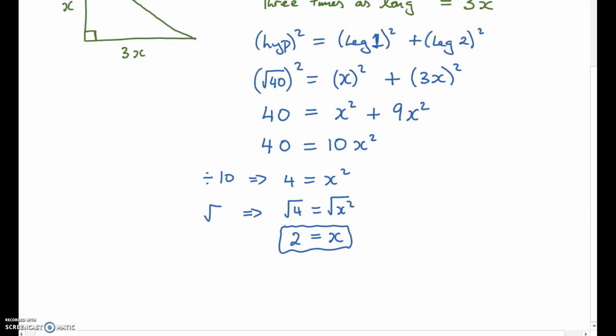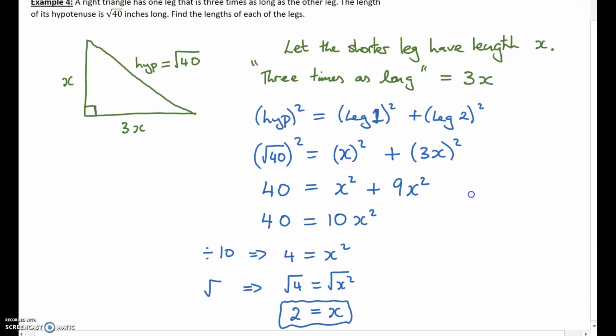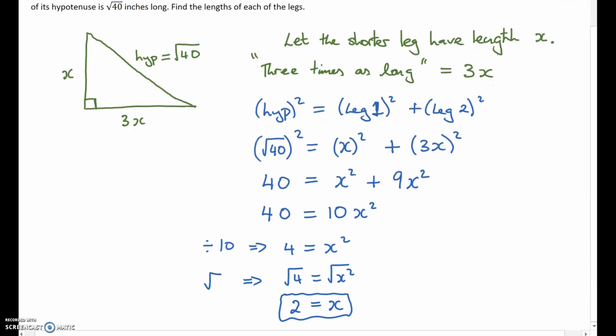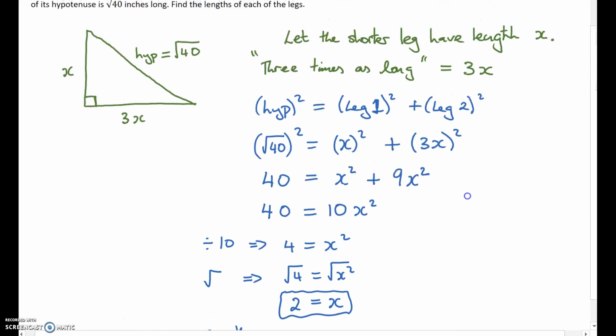Now remember what you were asked to find. It wasn't find x, the question said find the length of each of the legs. Well, the shorter leg has length x, so the shorter leg has length 2, and now go back and read the question because it was inches.